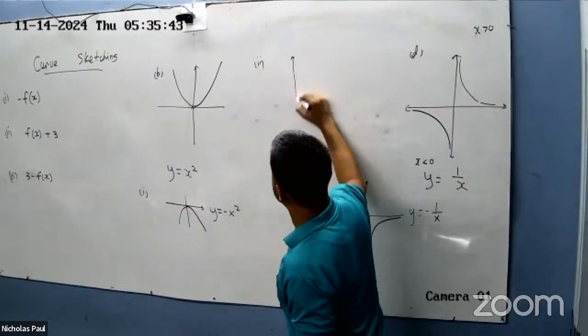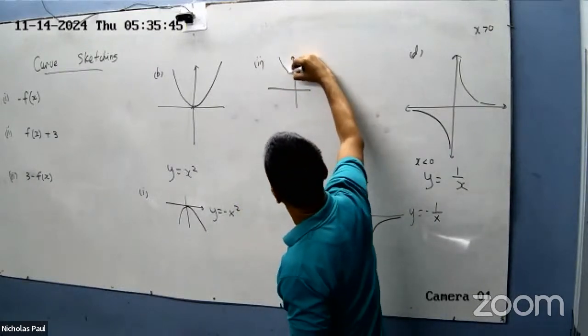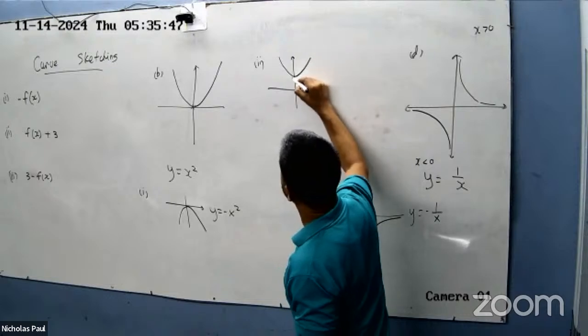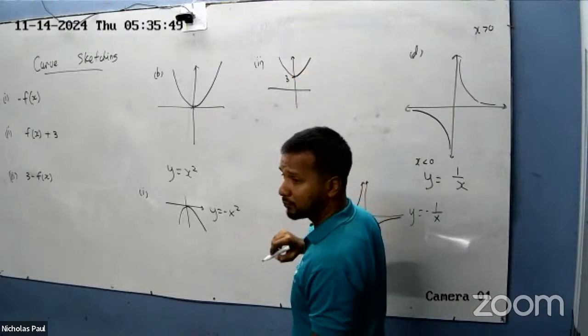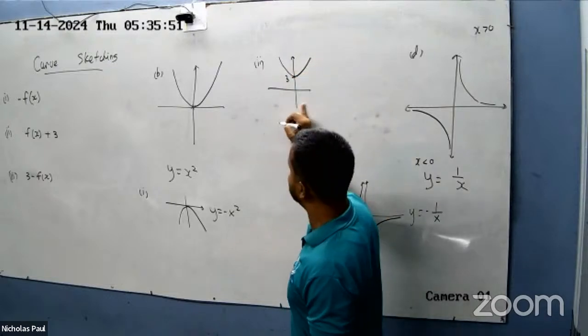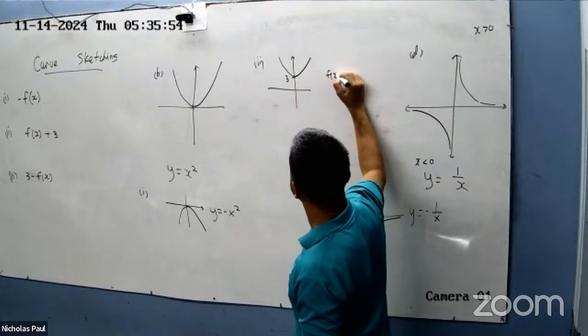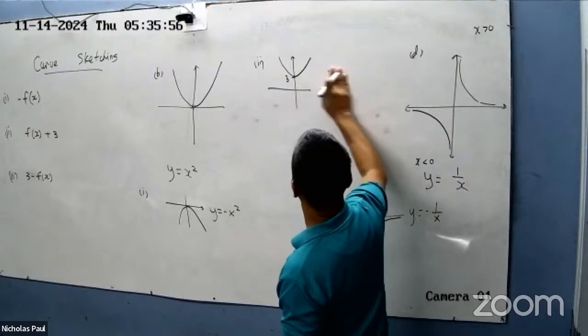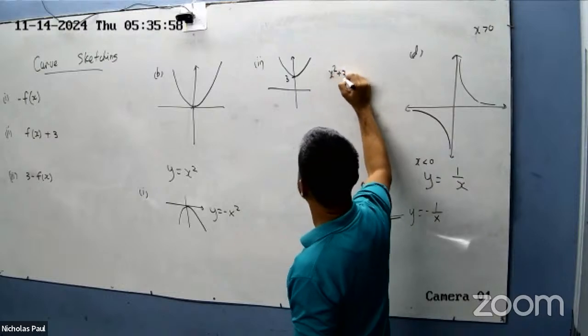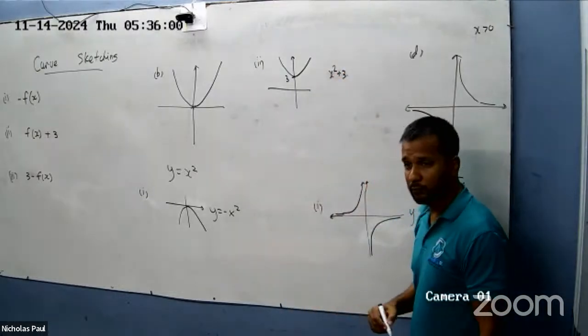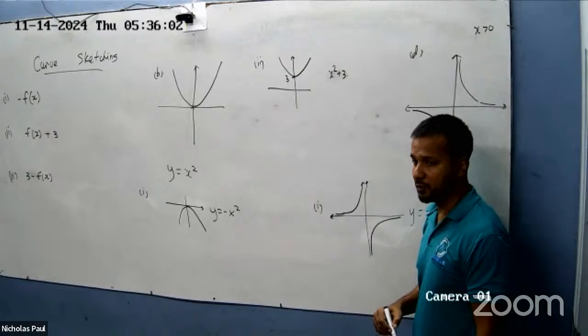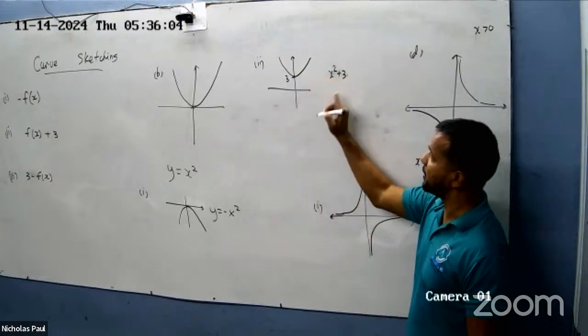So if I shift it upwards 3, it looks like that. That's okay? This is f of x plus 3, or to be more exact, this is x squared plus 3. Yeah? You okay with that?